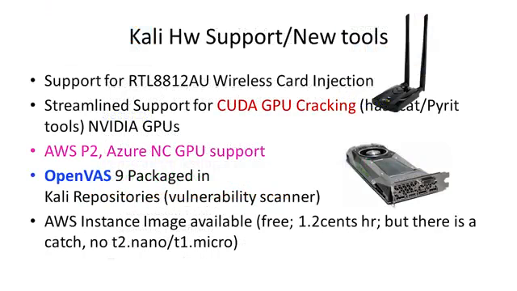Kali provides exciting hardware and cloud support and a new set of tools, even though they haven't been integrated in the current distribution. For example, they support the RTL8812AU wireless card injection for those chipsets used in wireless routers, and they can perform code injection.